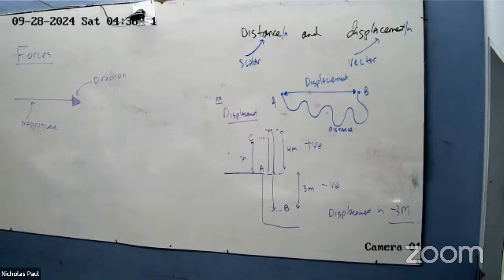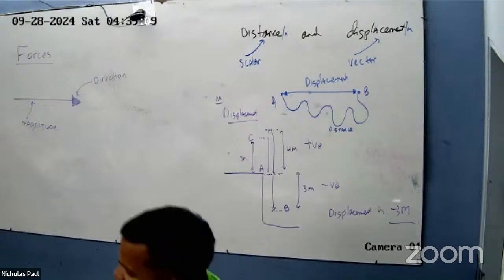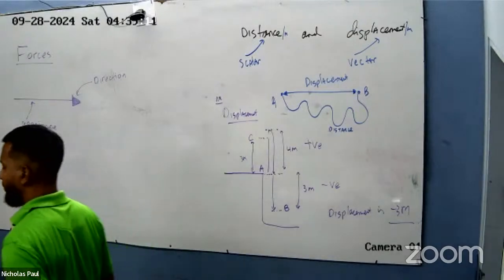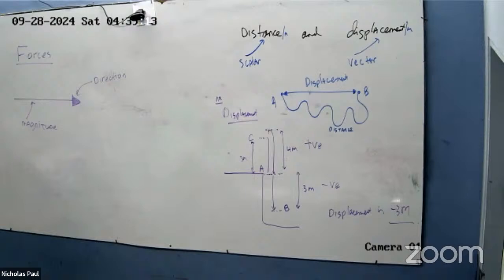Full stop. It is a vector quantity, and its SI unit is given in newtons. Capital N, right?